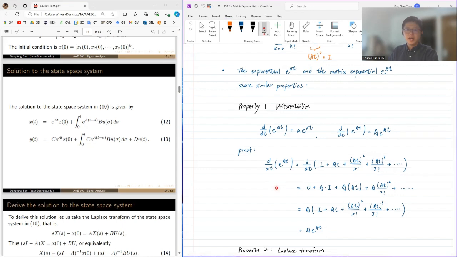Notice that the matrix A is in front of each term. So we can rewrite the sum as A times the series I plus A times t plus A squared times t squared over 2 factorial, and so on. And note that the series here is exactly the matrix exponential e to the A times t. So in the end, we see that the derivative of e to the A times t is equal to A times e to the A times t.